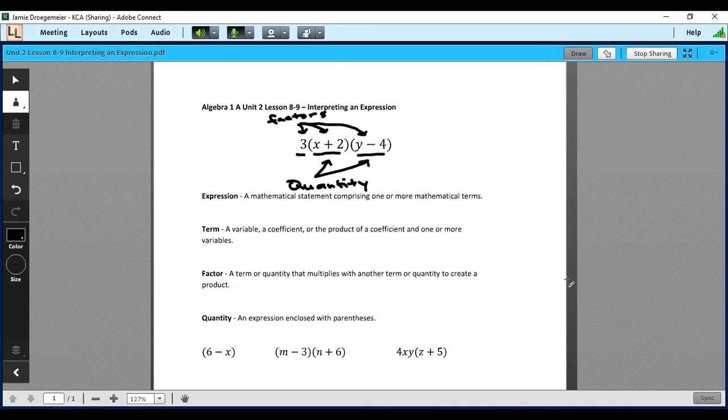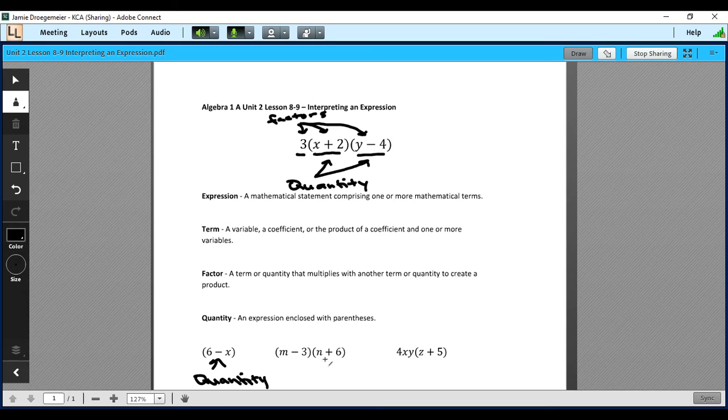in an expression. I just have a few different expressions listed down here at the bottom. 6 minus x would be considered a quantity. If we're talking about factors, we could say that it's being multiplied by 1, but generally we would say that this is just a quantity.